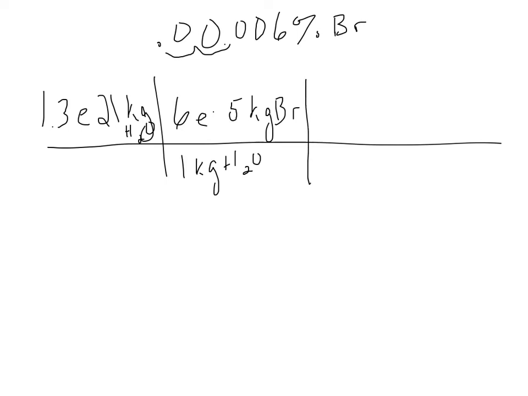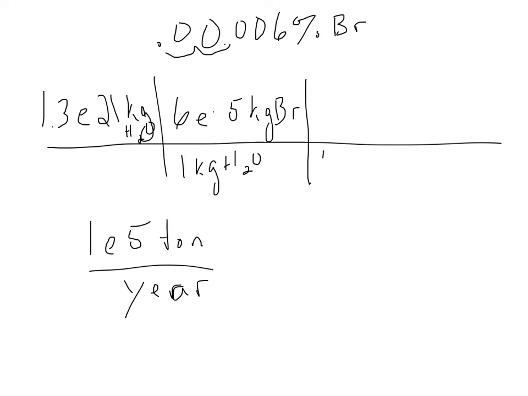So now we have that. And the information we're given that we're going to use as a conversion factor is there are 5e to the fifth tons removed per year. So we want to work our way down to tons. So we want to go from kilograms to pounds.